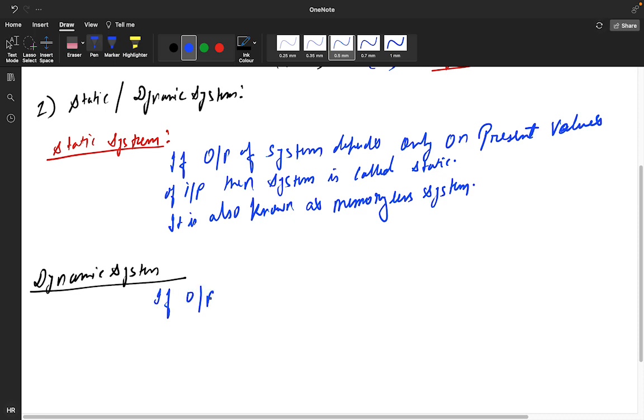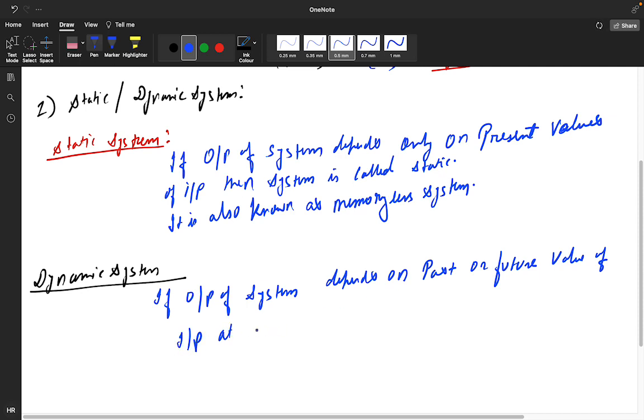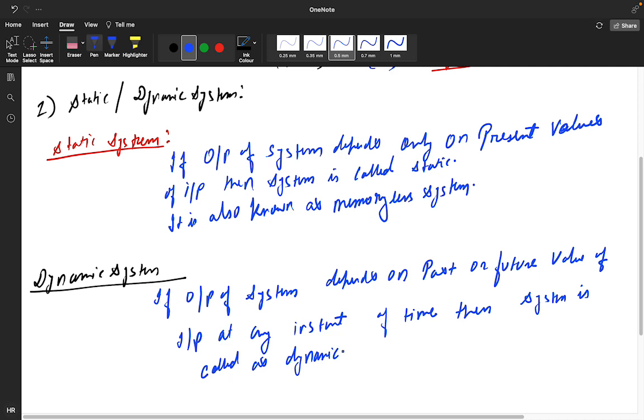If the output of the system depends on past or future values of input at any instant of time, then the system is called dynamic.